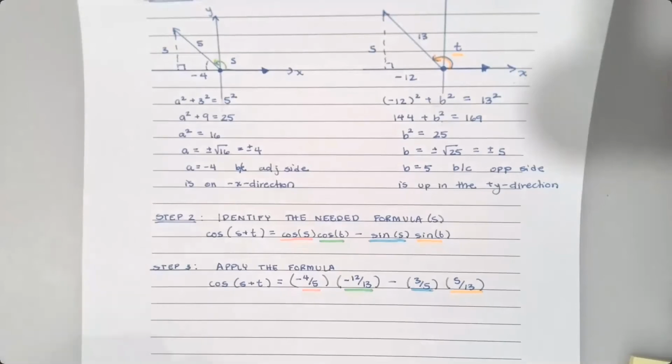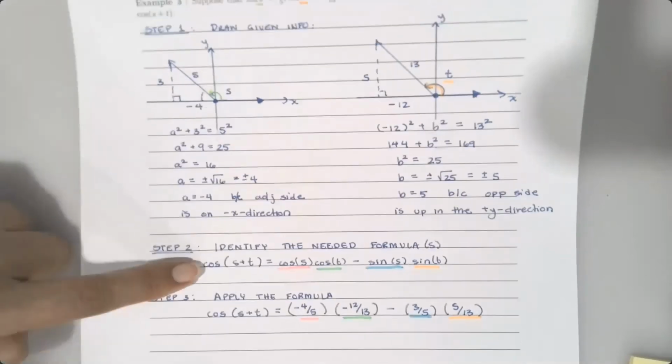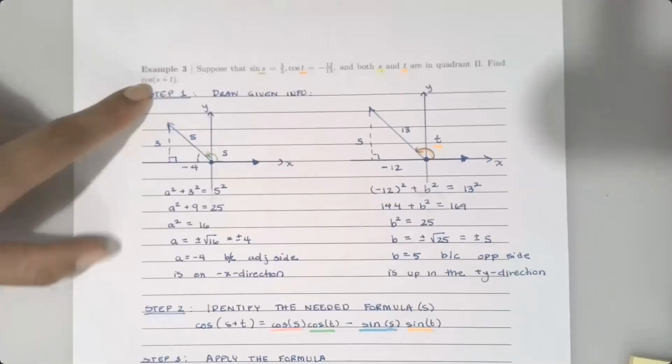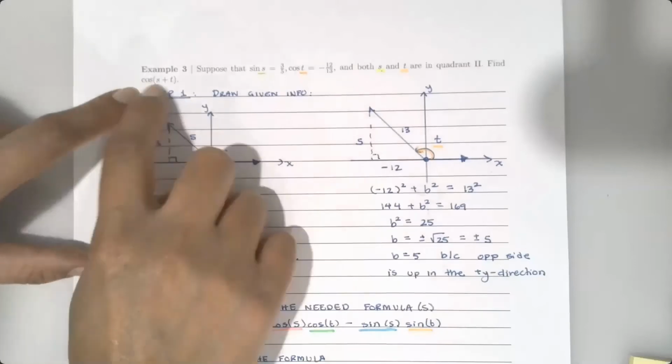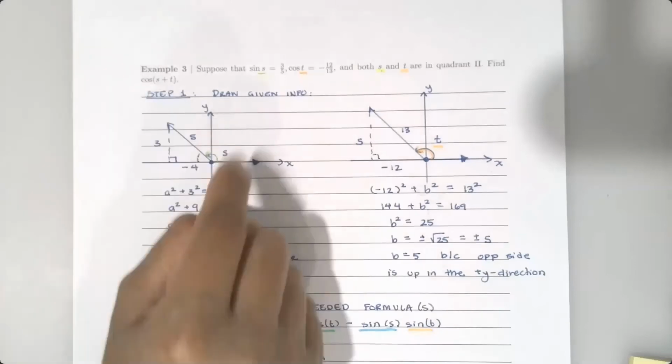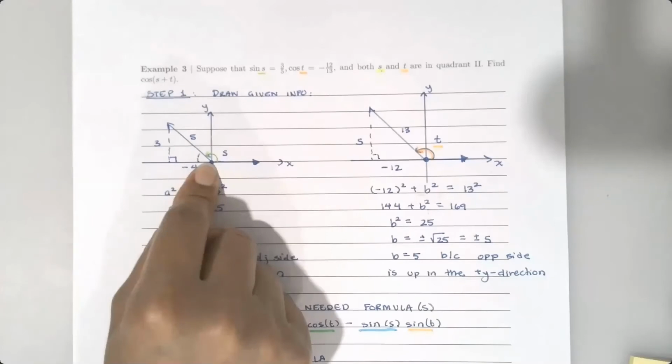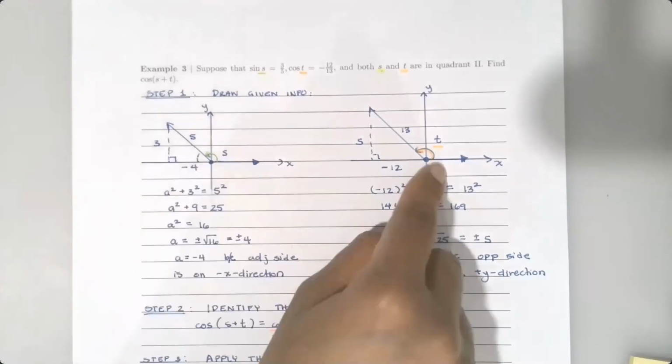Yeah, so we chose the cosine of s plus t because that was what we were required to find. From the diagrams alone, we are not able to figure out cosine of s plus t because these represent angle s and angle t separately.